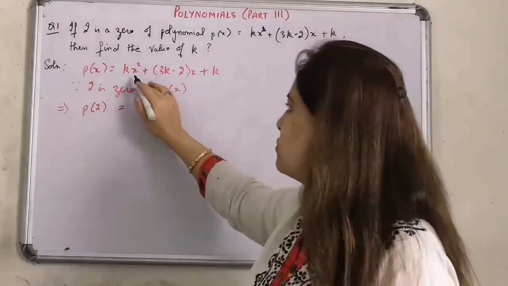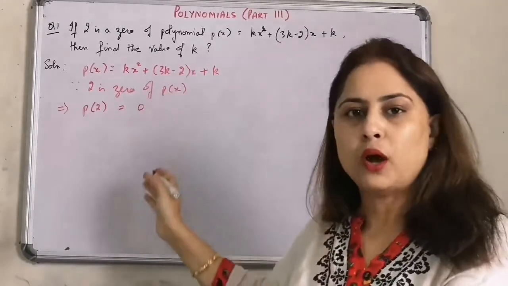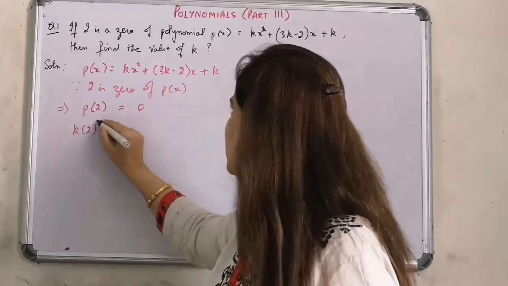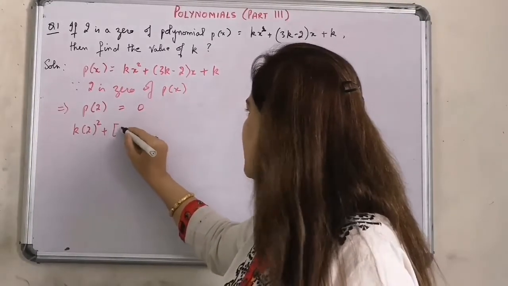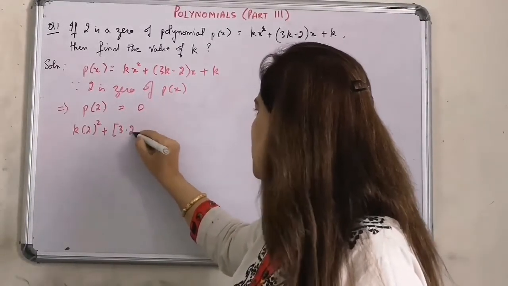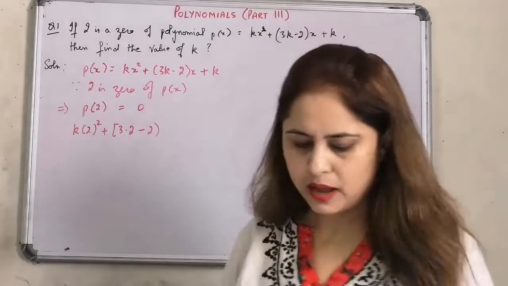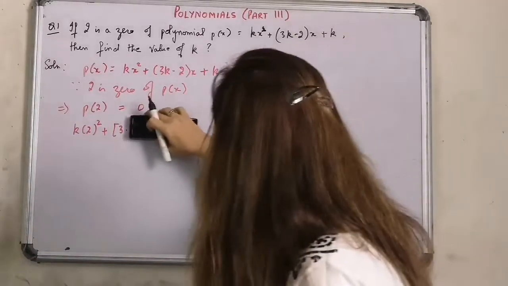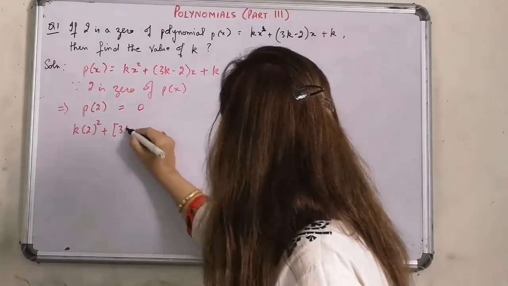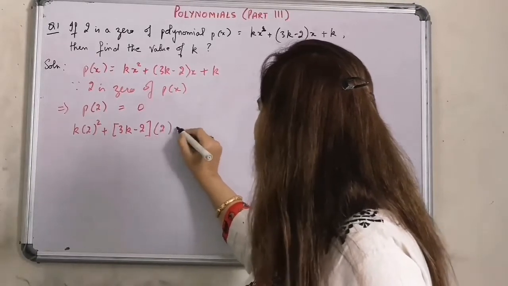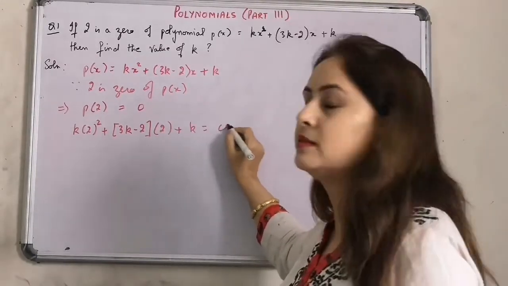Let's see. Wherever you have x, you are going to put down 2. So k into 2 square plus 3k minus 2 into 2 plus k should be 0.